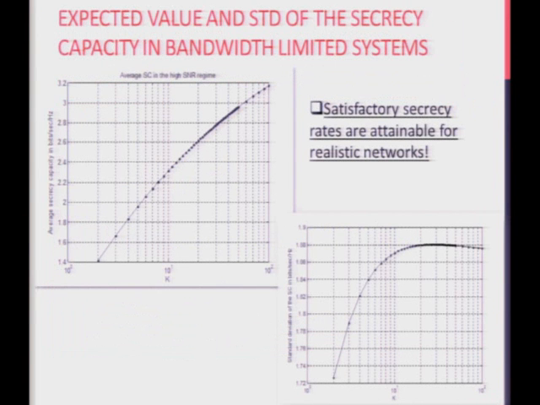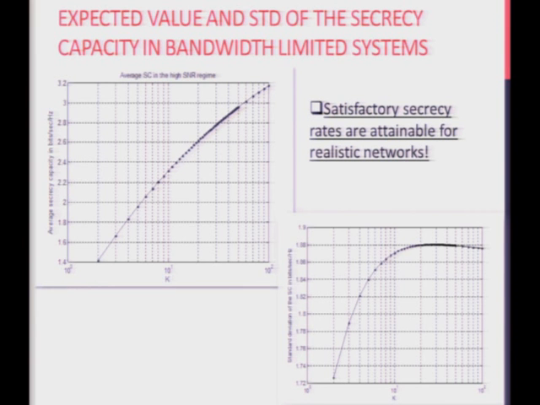So now looking at the numerical results here, the expected value and the standard deviation of the secrecy capacity in the high SNR regime in the presence of one passive or active eavesdropper. Looking at the results here, for 100 users, we can achieve pretty much 3.15 bits per channel on average.